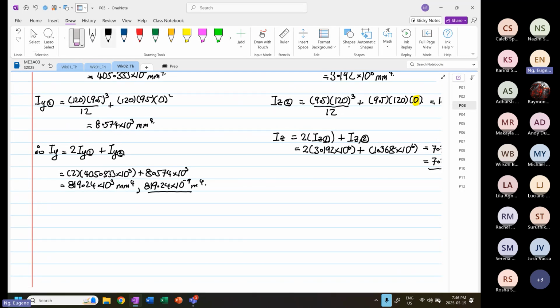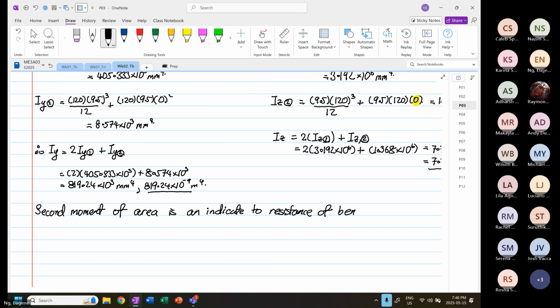The second moment of area is an indicator of resistance to bending, or buckling.